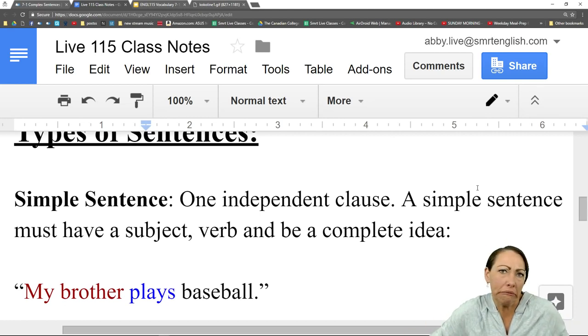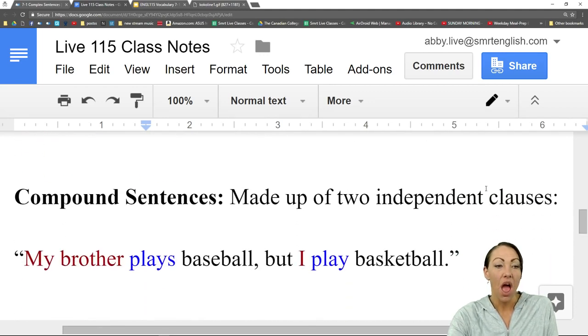Or how? Give me more. That's not a complete idea. That leaves me needing more information. So with a simple sentence, the way that's different is that it does complete a full thought. Simple sentences are short, to the point. My brother plays baseball. There's our example of a simple sentence.